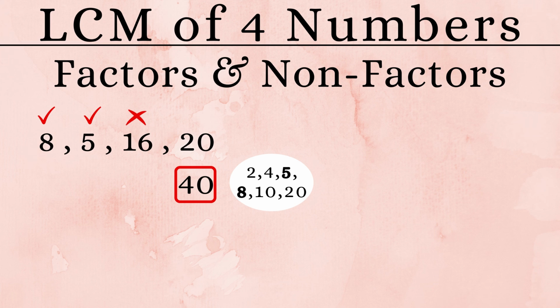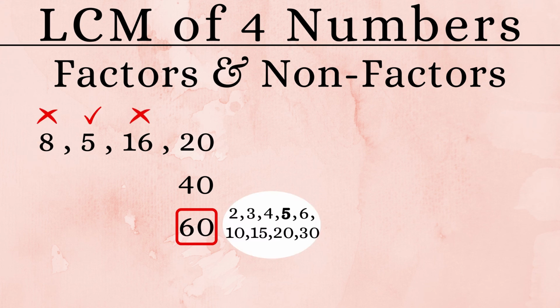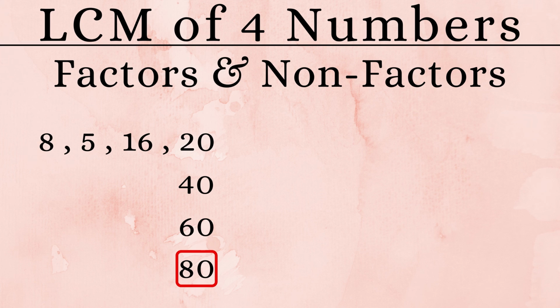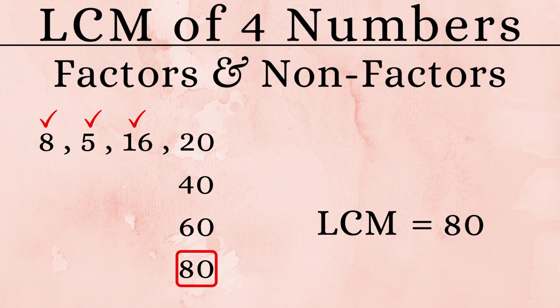So we move on to 20 into 3, 60. The factors of 60 include 5 but not 8 and 16. Now let's try 20 into 4, that is 80. The factors of 80 include 8, 5 and 16. So the LCM of 8, 5, 16 and 20 is 80.